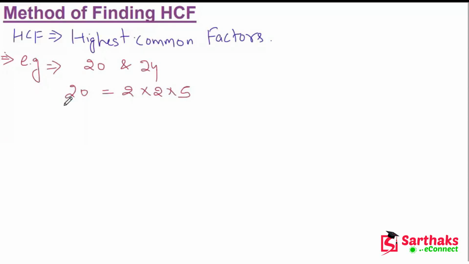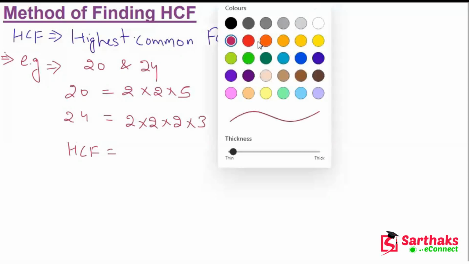Now again, what are the factors of 24? The factors of 24 are 2 into 2 into 2 into 3. Great. Now for finding the HCF, we have to just take the common parts in both the factors. What are the common parts?